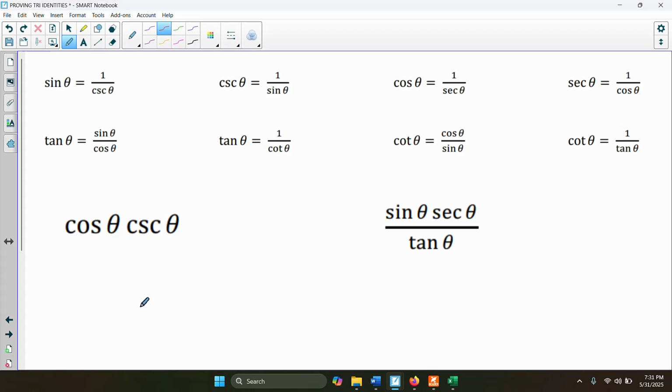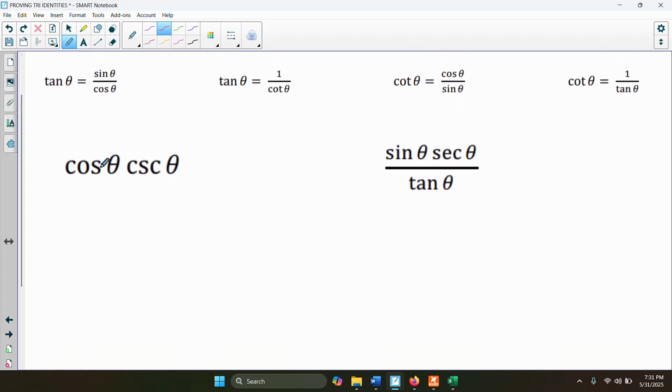If you haven't had trig yet, the idea here is, let's simplify it and turn this into a proven identity. I'm just going to say, what if this side equals one? Is that a true statement? Prove or disprove it. It's an equation now. Cosine is cosine; we typically don't want to mess with cosines or sines, but cosecant we want to get rid of. So this becomes cosine times, well, what's cosecant? One over sine, and equals one. I'll work my way down in column fashion.